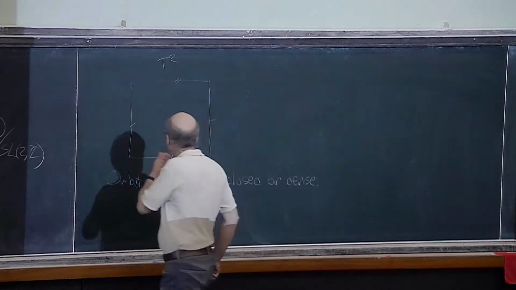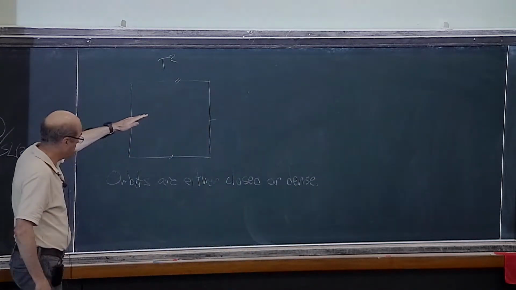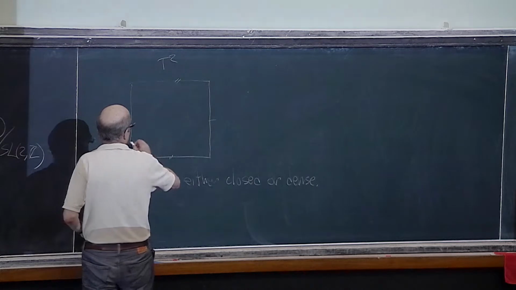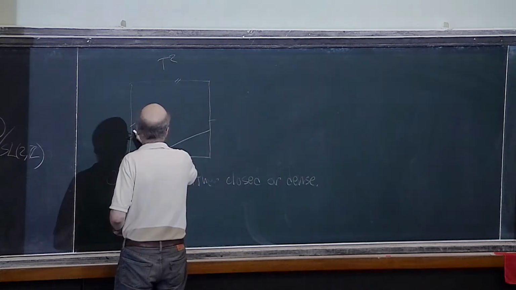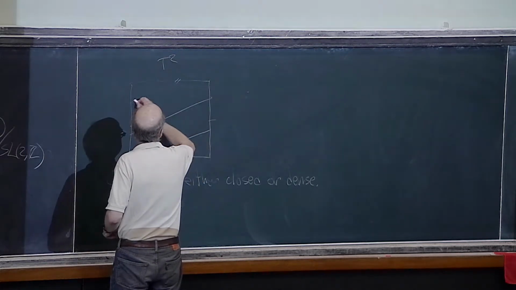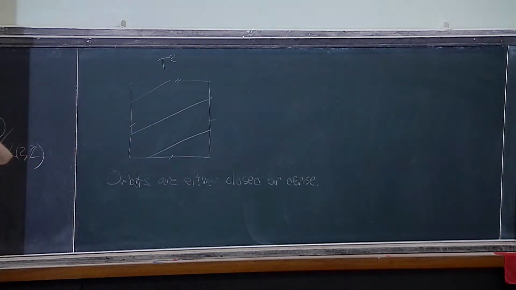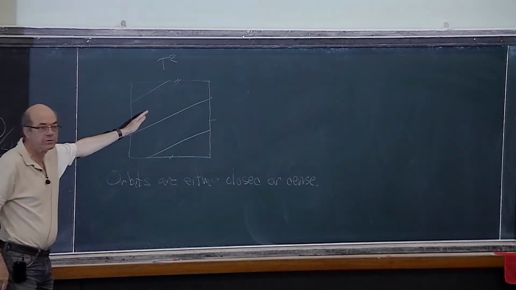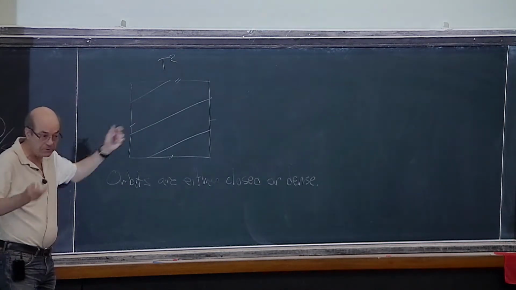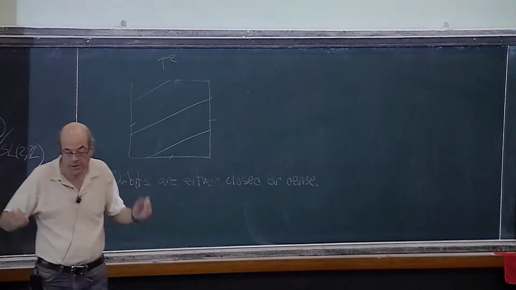In other words, orbit closures are either single trajectories if you're traveling in a rational direction, or they're dense if you're traveling in an irrational direction. So there's just two kinds of orbit closures.